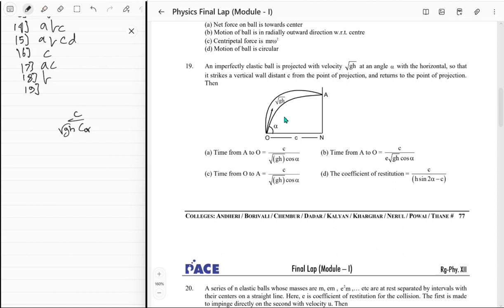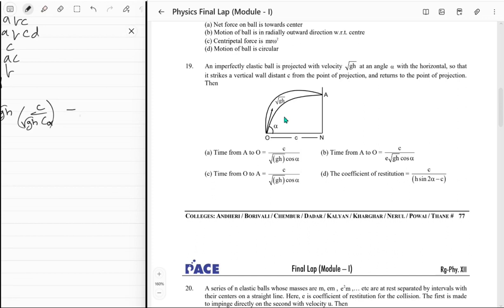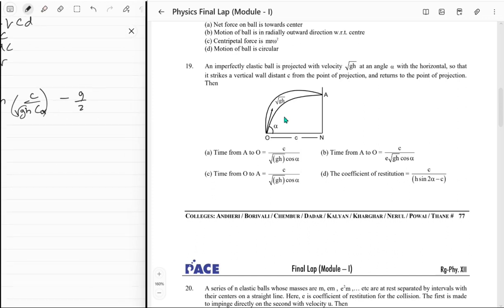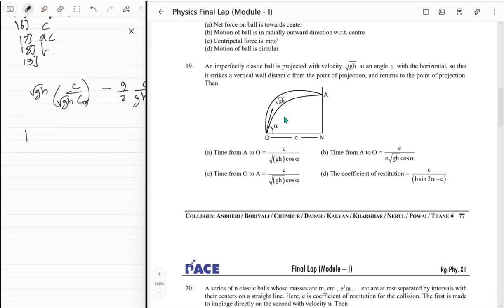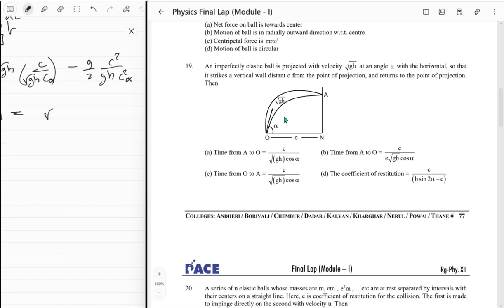So ut, oh god ये पागलपन है, minus half like g upon 2 times this thing square, it's like c square upon gh cosine square alpha whatever. Capital H is this thing so square root of gh, oh ये तो cancel होने वाला है. That's at least nice.